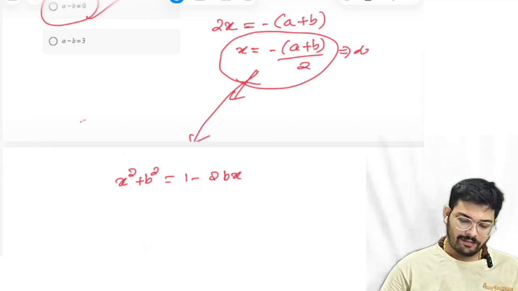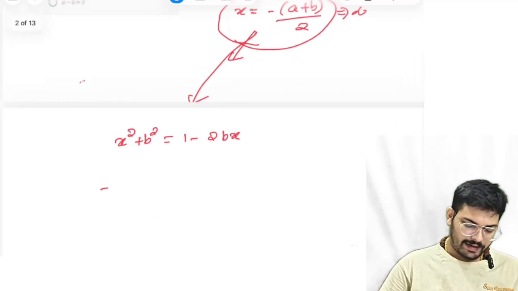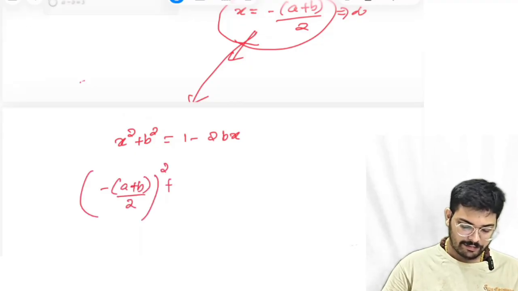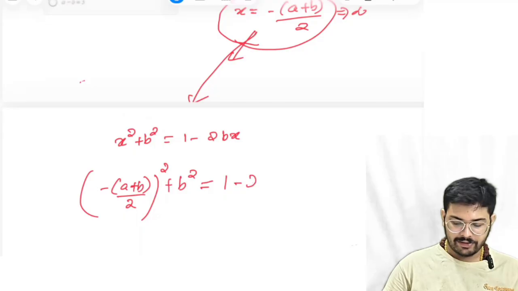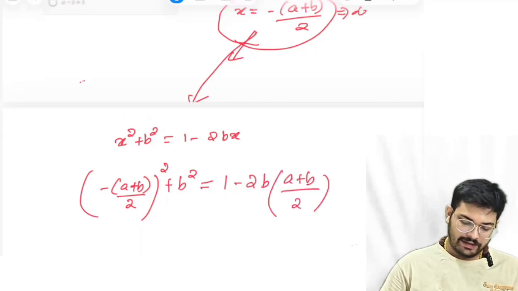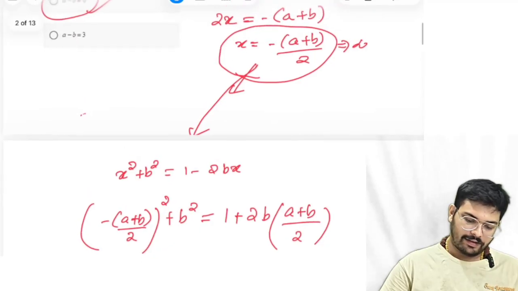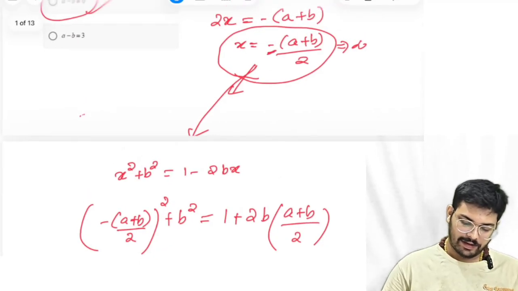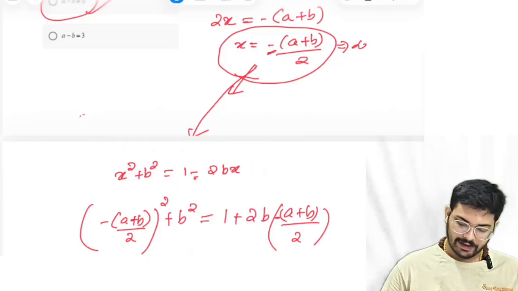Now here, when you apply this value, this will become minus of a plus b divided by 2 the whole square plus ab square equal to 1 minus 2b into a plus b divided by 2, and this minus will be cancelled because x is already having this negative. So here already there was a negative that I took common and cancelled with this negative.